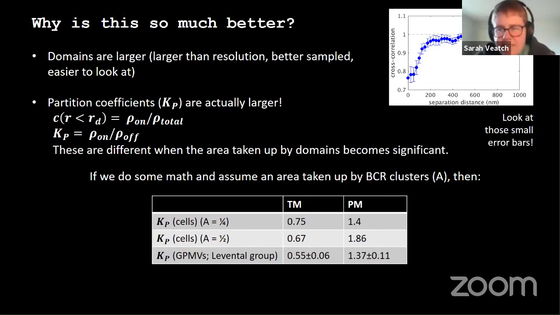If we plug in some numbers, making some guesstimates of how much of the area our domains are taking up, so I have 1/4 here, we can turn these cross correlation amplitudes into partition coefficients. And they start being numbers that look a lot like the numbers that Ilya Levental's group measures for these same peptides in vesicles. So sorting is looking a lot like sorting in GPMVs, which is very exciting, I think.